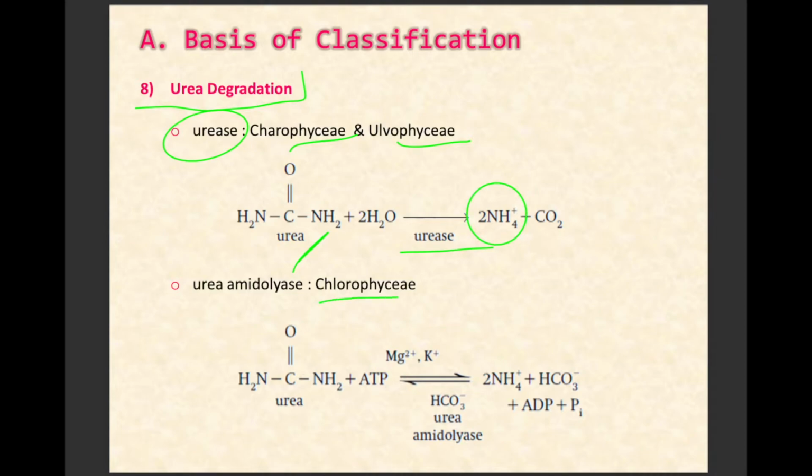Sa case naman ng mga Chlorophyceae, ang ginagamit nila is urea amidolyase. Amidolyase yung ginagamit nila. At mas efficient naman si urease. Mas efficient si urease compared dito sa mga urea amidolyase. So that's in terms of urea degradation.